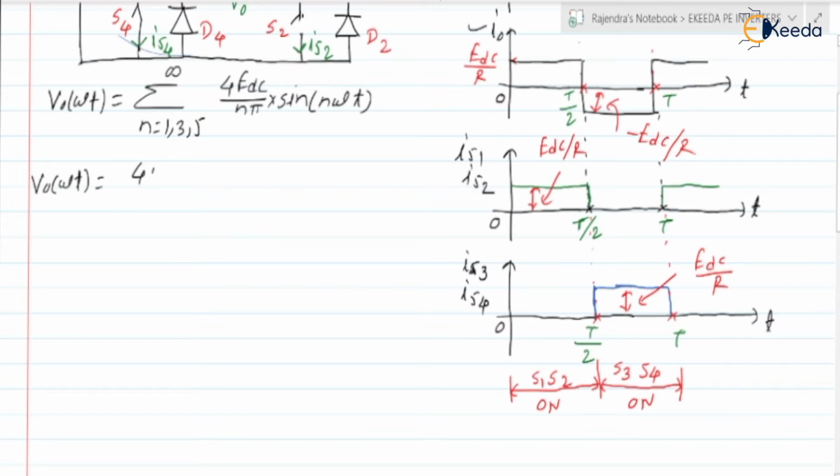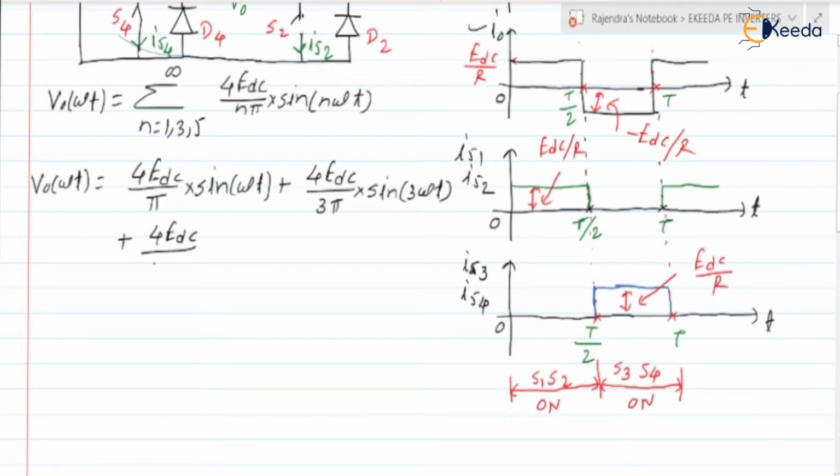So for n is equal to 1 it is 4 EDC divided by pi into sine of omega t, plus 4 EDC divided by 3 pi into sine of 3 omega t, plus 4 EDC by 5 pi into sine of 5 omega t, plus so on.